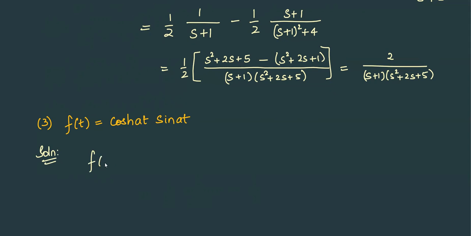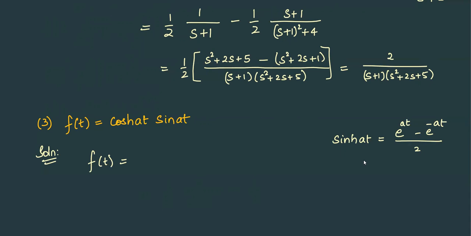Now, first of all, sine hyperbolic x is e power x minus e power minus x upon 2.